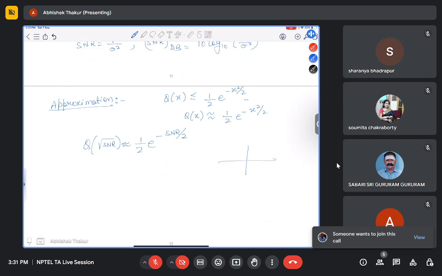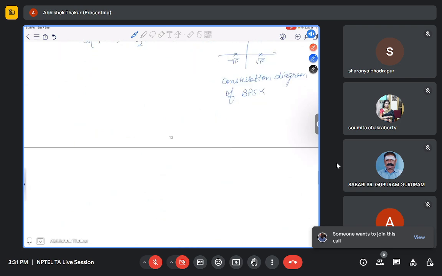And also the constellation diagram for BPSK is given as this. This is square root of p, this is minus square root of p. Now coming to a question.